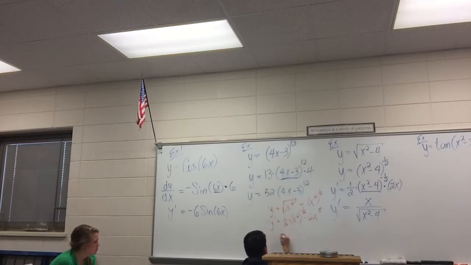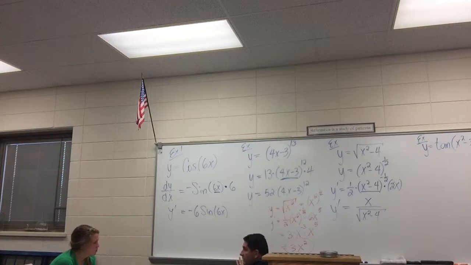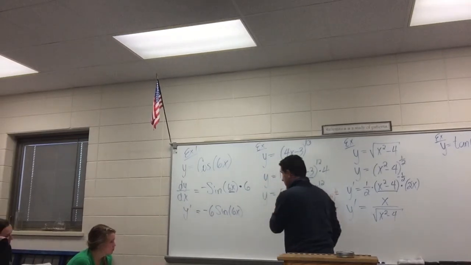Well, what the heck does this give us? 6 and the 2, that gives you a 3. X squared to the negative 1/2, that's x to the negative 3, times x to the 5th. And then this gives you 3x squared as an answer. Okay?